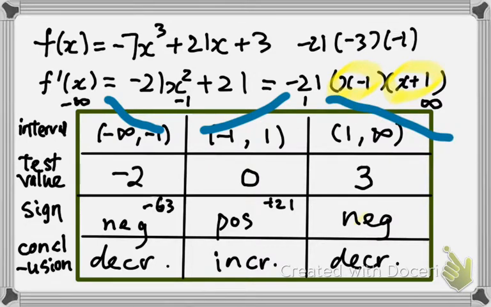So this is the general shape of the curve. You will probably be able to tell that at negative 1, you get a relative minimum, and at 1, you get a relative maximum.